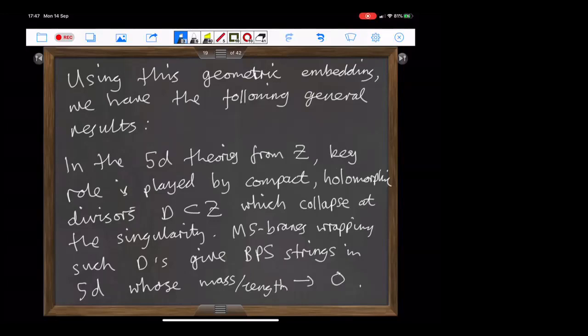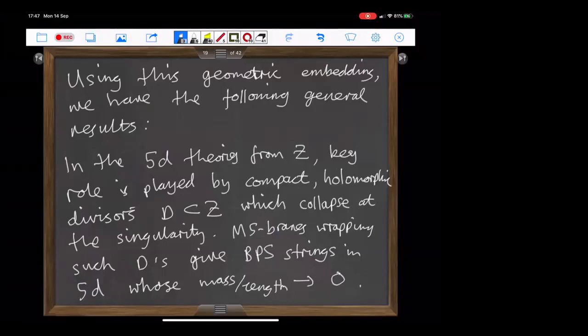If you imagine a configuration in which 4 of the spatial directions of the 5 brane are wrapping this divisor. So if we assume that this divisor is a smooth submanifold, for example, it would actually be a 4-manifold, and the fact that D is compact means that in the effective theory, you have an additional dimension left over, and so these objects look like strings in 5 dimensions.